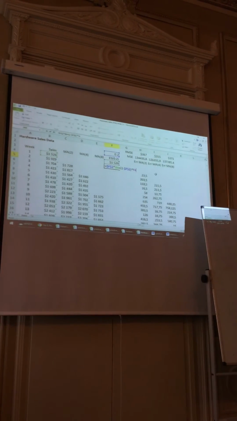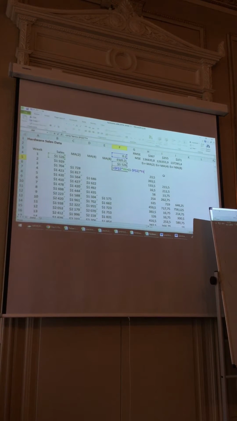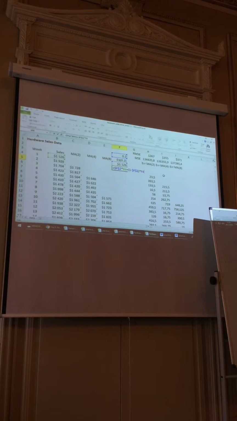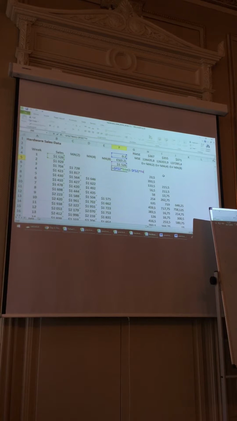The good thing about the way we entered it, oops, what did I do wrong? Is there a problem there? Oh, yes, this should be a comma, correct. There we go. Okay, 0.2, thank you. So you'll notice that the period 2 forecast is not very exciting, because it's the weighted average of two 1526s, which is 1526.